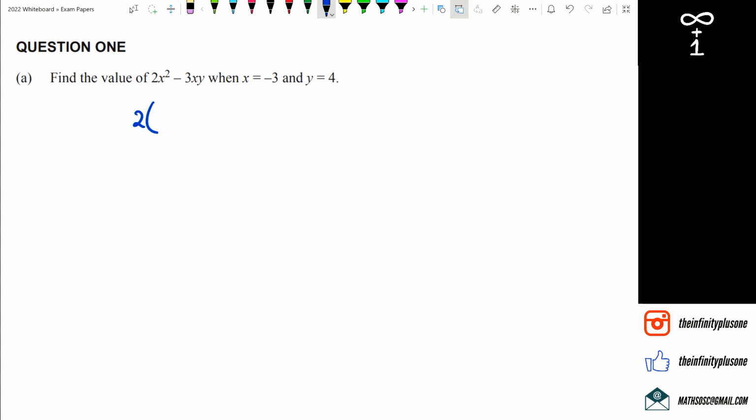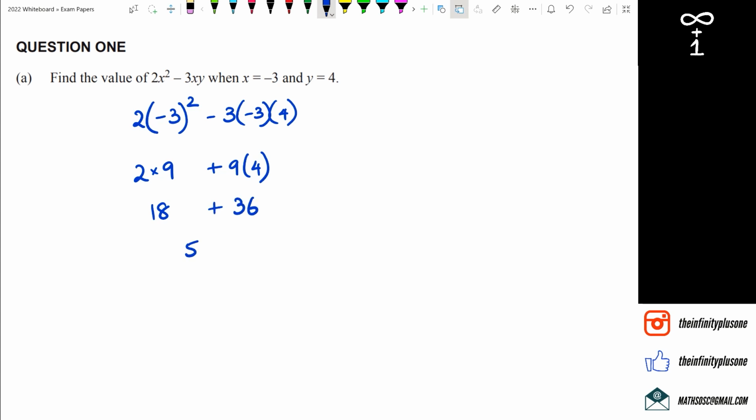We know that x is -3, so I put (-3) squared, minus 3 times x, which is -3, multiplied by y, which is 4. So 2 times (-3) squared is +9, and -3 times -3 is +9, and I still have to multiply by 4. So I've got 2 times 9, which is 18, plus 9 times 4, which is 36, and this is equal to 54.